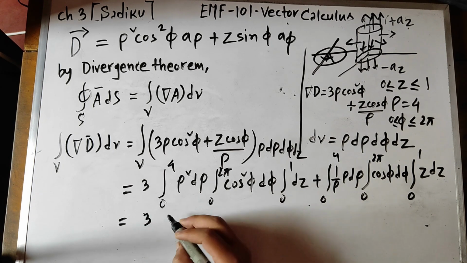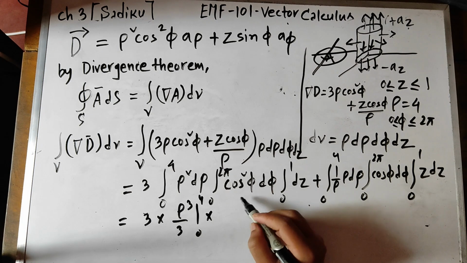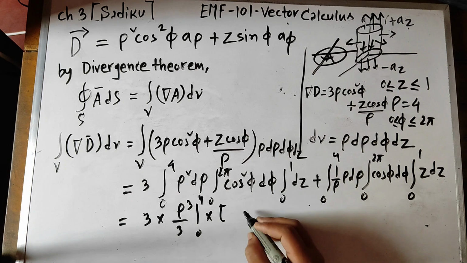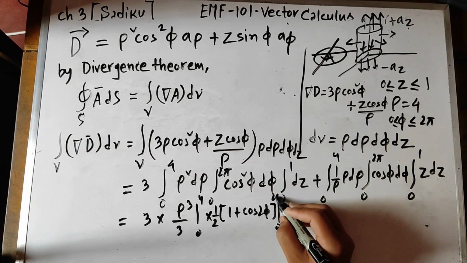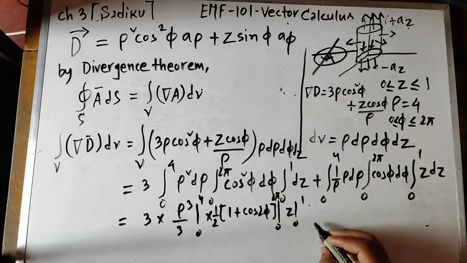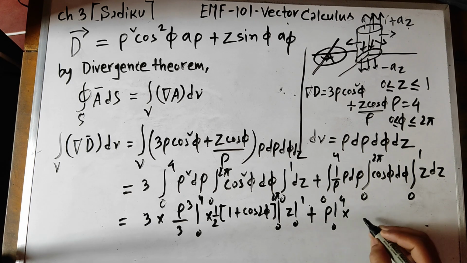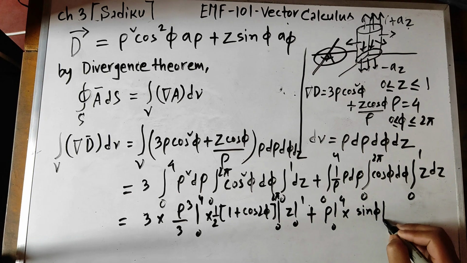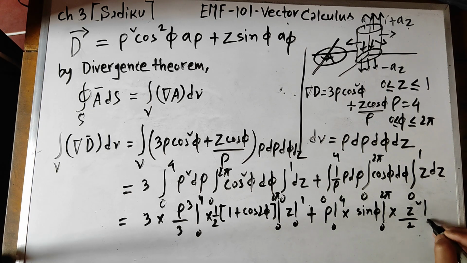Now, 3 cross rho cube by 3 from 0 to 4, cross, as we found in the previous section, 1 plus cos 2 phi, half, from 0 to 2 pi, and this is z from 0 to 1, plus this is rho from 0 to 4 cross sin phi from 0 to 2 pi cross z square by 2 from 0 to 1.